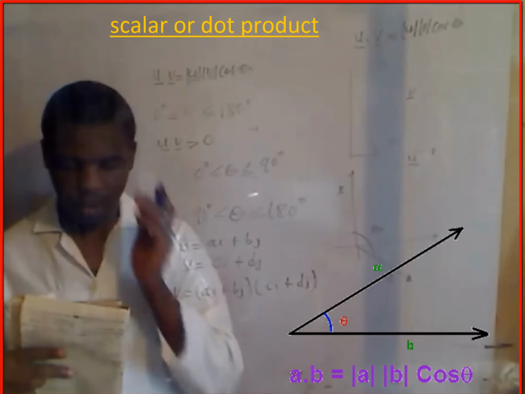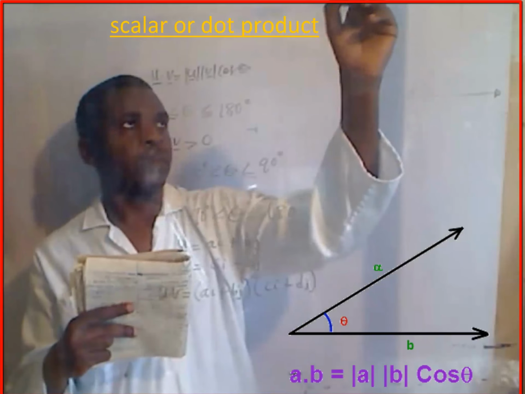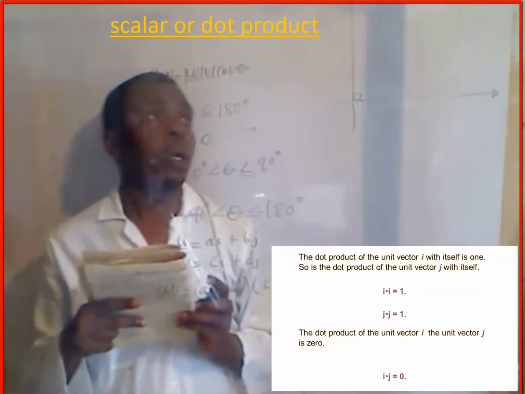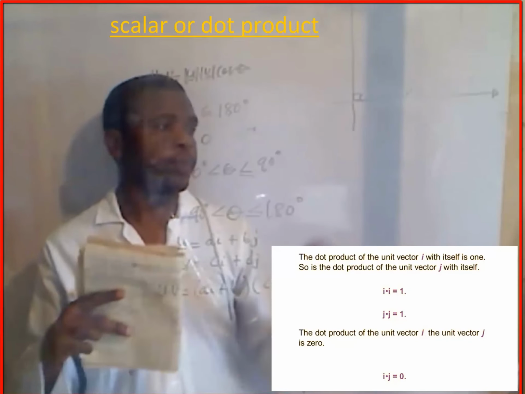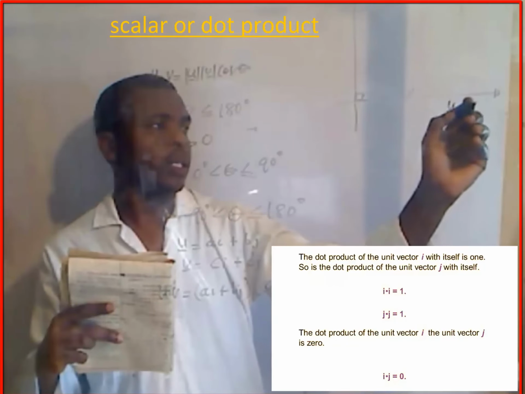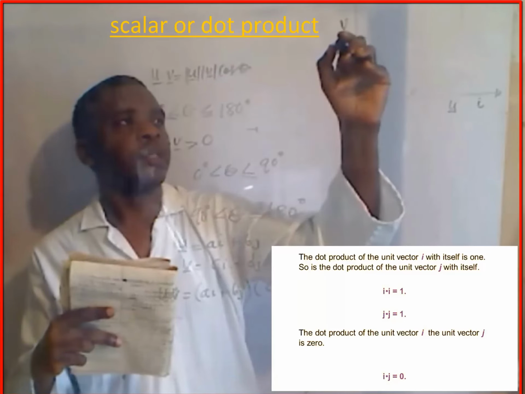This will give us... Consider the figure. This is the vector u in the direction i, the vector v in the direction j.